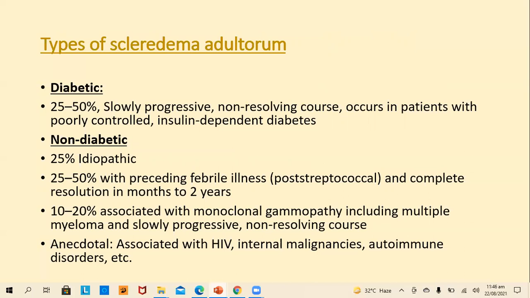The non-diabetic scleredema include 25% idiopathic, 25 to 50% with preceding febrile illness, mainly post-streptococcal, with complete resolution in months up to 2 years. 10 to 20% are associated with monoclonal gammopathies, including multiple myelomas with slowly progressive non-resolving course. Anecdotal evidence shows association with HIV, internal malignancy, and autoimmune disorders.